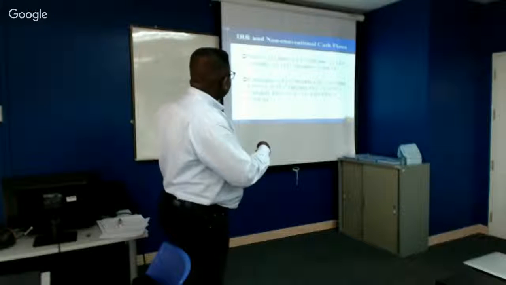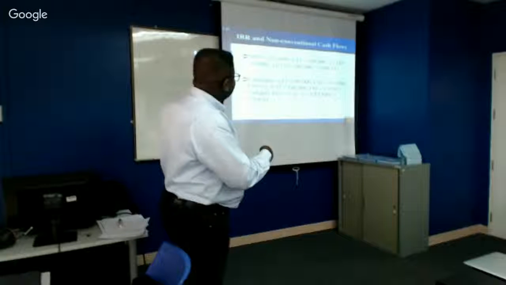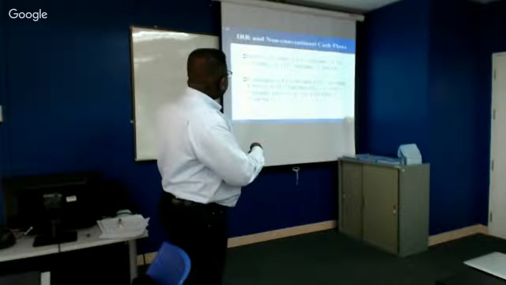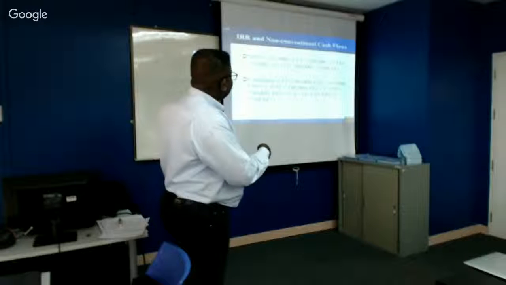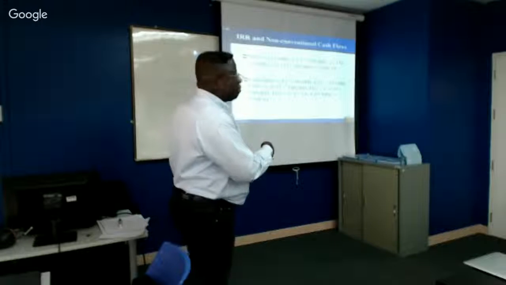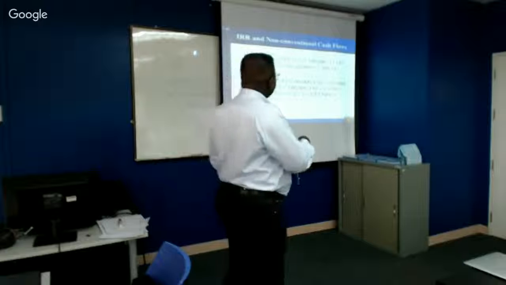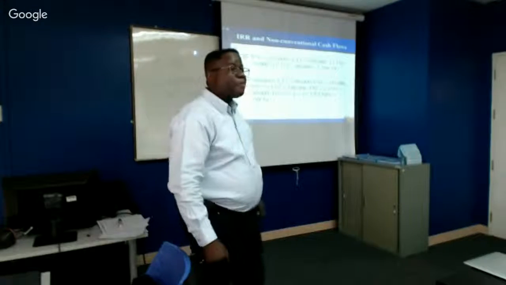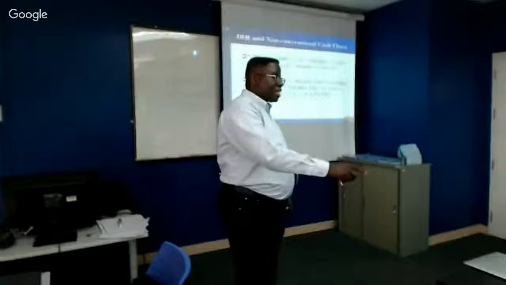The same way, the first year inflow you discount at 15%, the second year you discount, raise to the power 2, and this one is minus 150,000. You discount it and then minus the initial outflow, so you get the NPV like this. It's the same if you use the calculator.